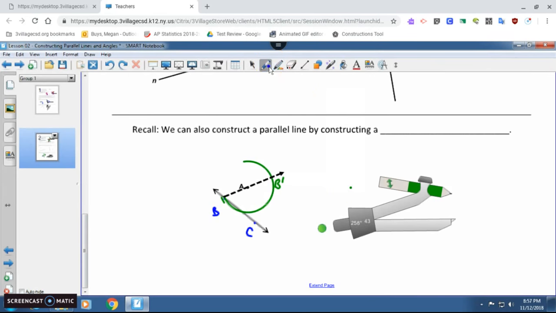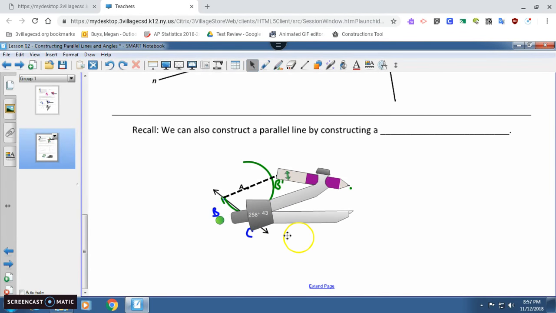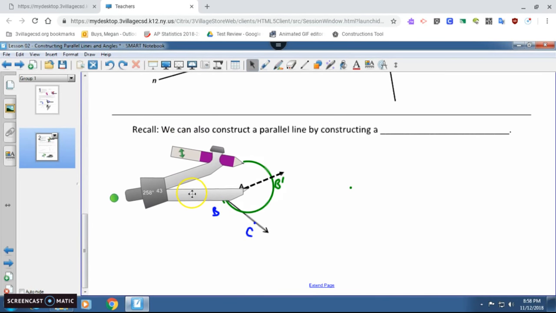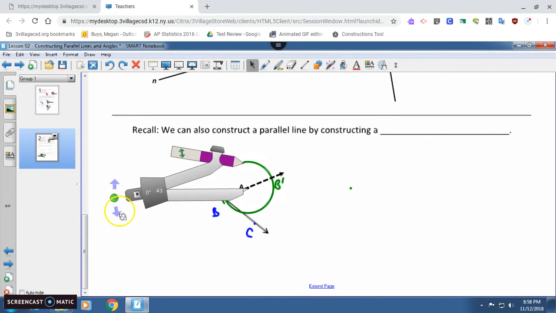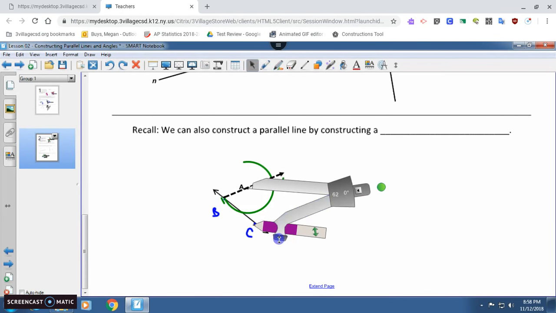Now, we do the same exact construction for the additional point. We start with our clear piece at A. We stretch over so that C is in the width of our compass.